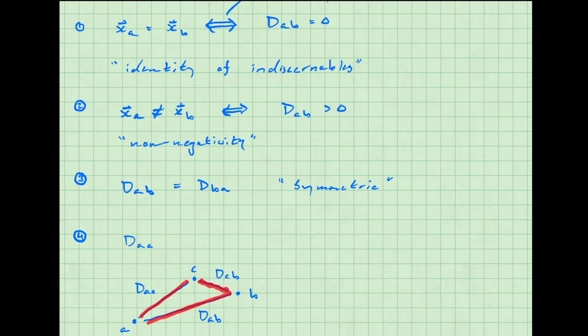You can see that these two, at shortest, are going to be the same length as DAC, but in all other situations they would be longer. And so we write this as DAC less than or equal to DAB plus DBC. This thing is called the triangle inequality.